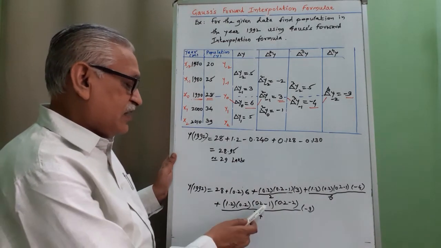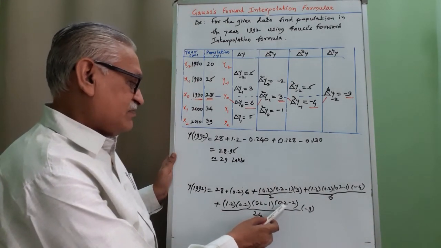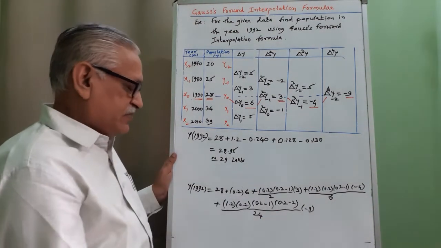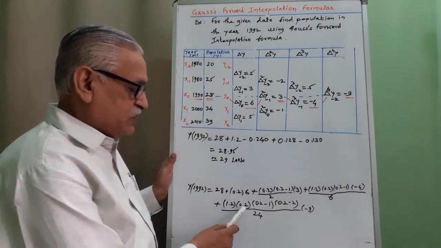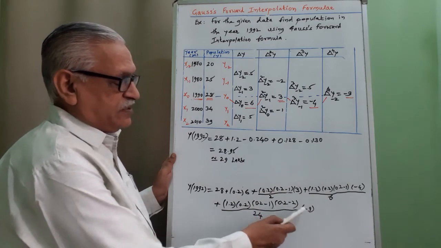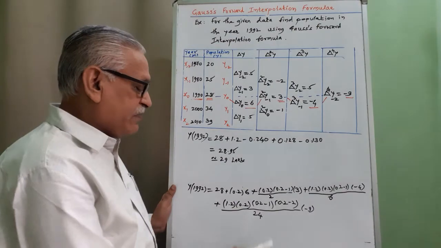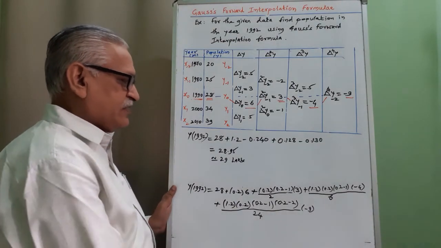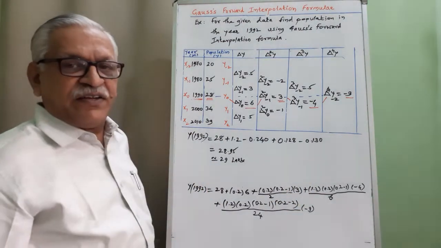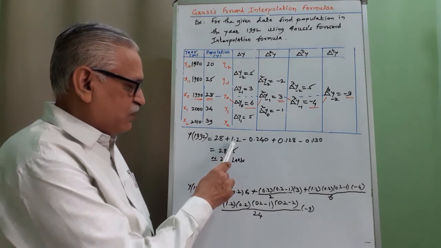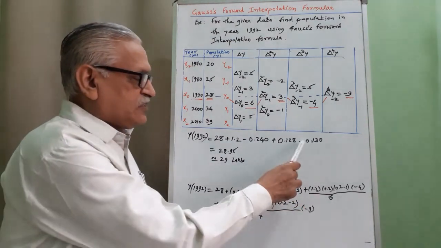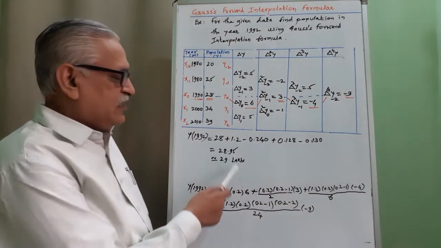And lastly, this one is minus, this is minus, and again minus. Three times minus, we get the sign as minus. 1.2 multiplied by 0.2 into minus 0.8 into minus 1.8 into minus 9 and divided by 24. If you simplify it by calculator, that value is coming as 0.130. And then taking the addition of all this, 28 plus 1.2 minus 0.240 plus 0.128 minus 0.130, we get 28.95.